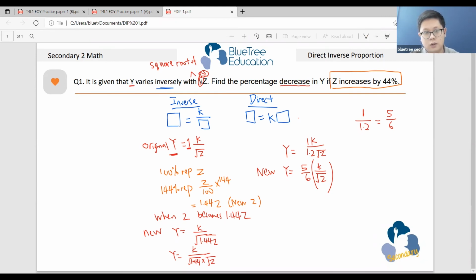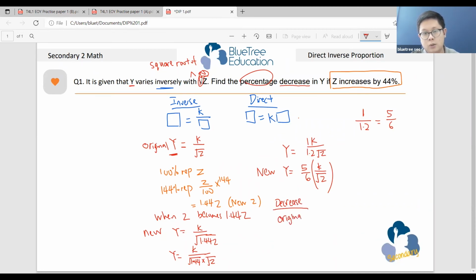All right, and I will then put it into a fraction. Before you can get percentage decrease, typically we want to create a fraction first, then we convert it into percent. Because for the percentage decrease, we want to find the decrease as a fraction of the original.